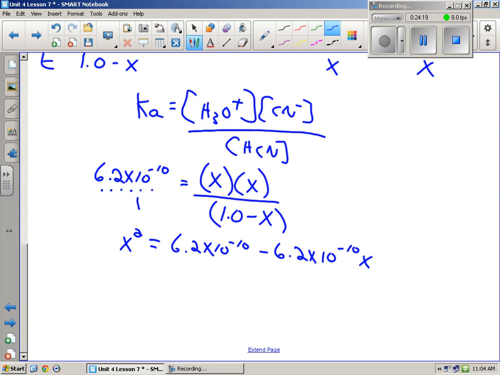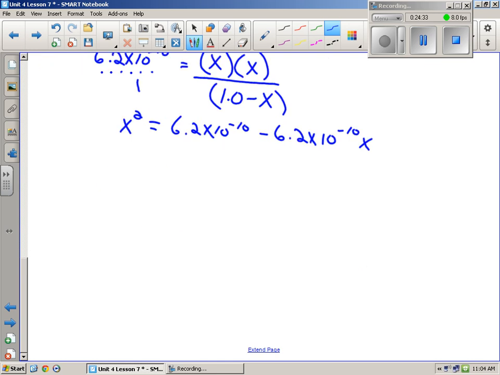I've talked about this before probably, but who recognizes that? X squared, X, a number, quadratic formula, yes? So you can type this in your calculator, you could do a graph, you could find the roots, etc.